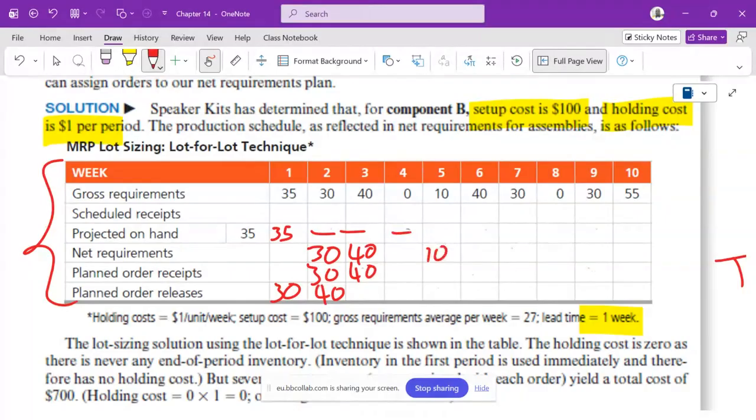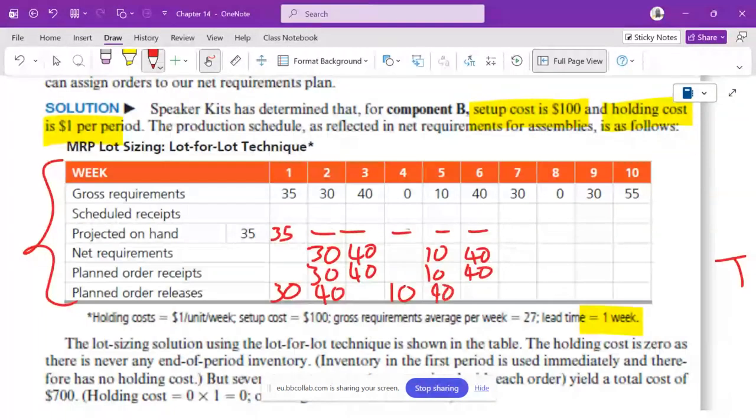10 is required. This is a gross requirement. Minus what you have. I already told you that. Minus what you have. You have nothing. Therefore, you're owing 10. Then you plan to order that 10. So you see this one? It's nice, this one.